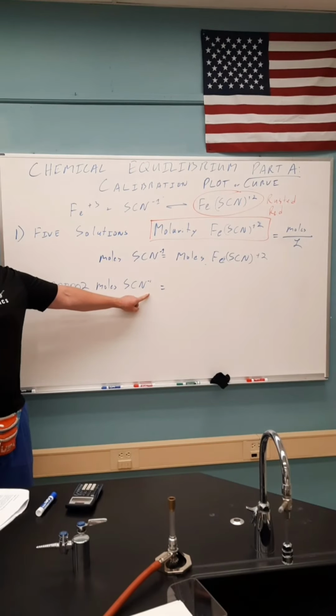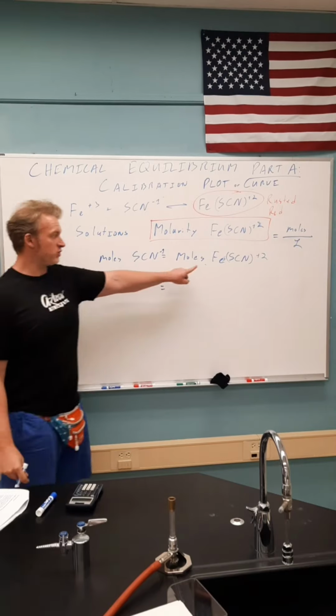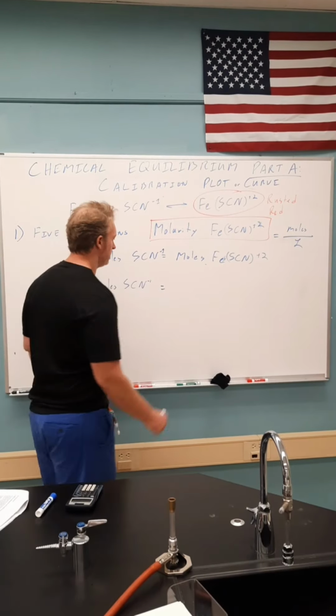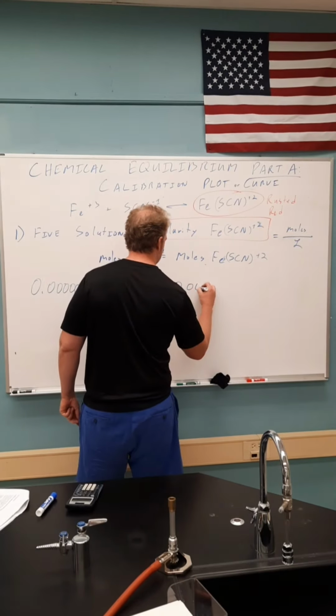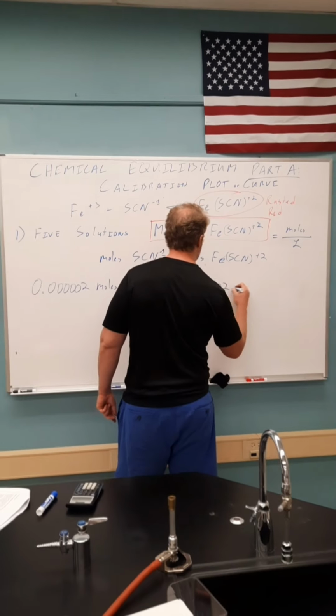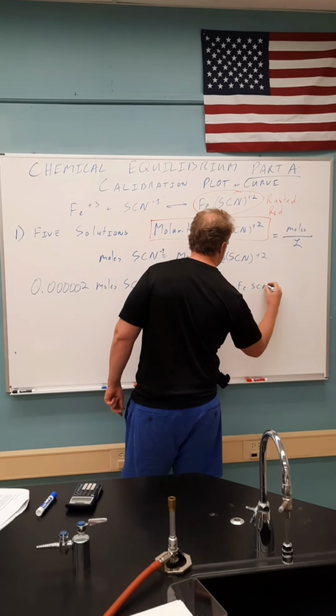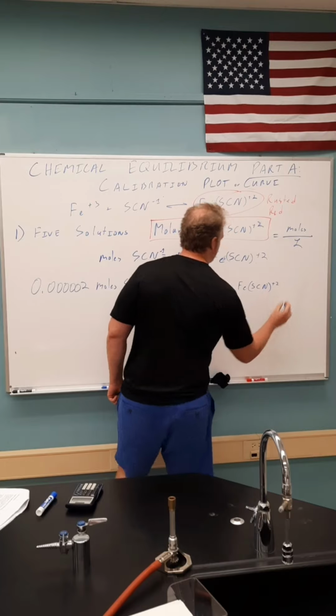This is the moles of SCN we introduced, and every single one of these was produced into an FeSCN, and we immediately know the moles of FeSCN that were produced.